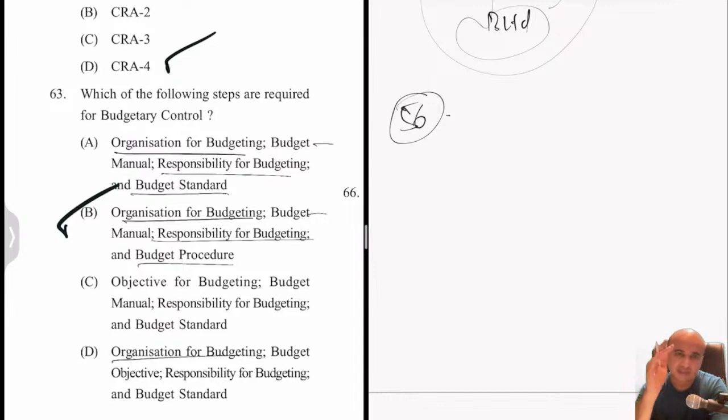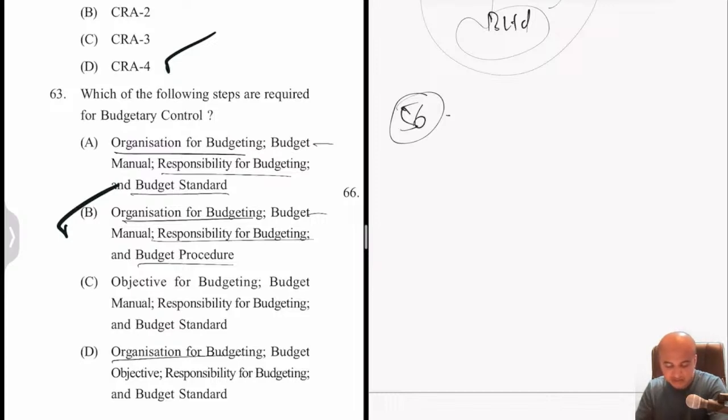And lastly, we have budget procedure. This defines the step-by-step process for creating, reviewing, approving and implementing the budget. It also includes the timelines, the communication channels and the involvement of relevant stakeholders in the budgeting process. So that is what it does.